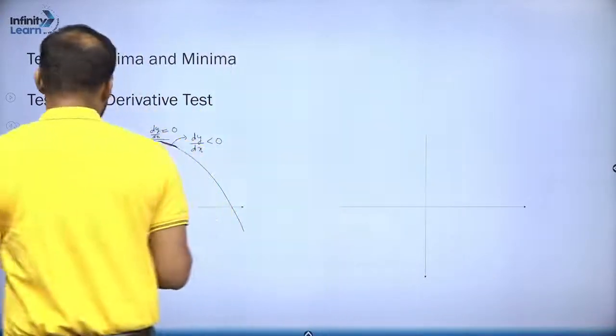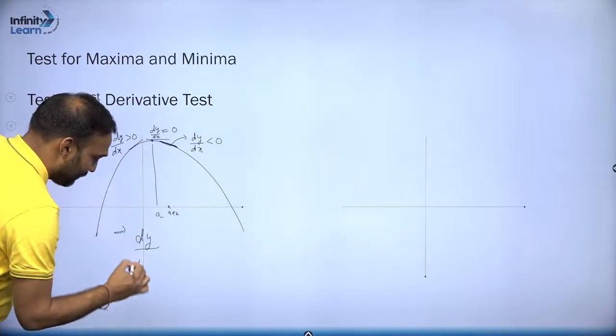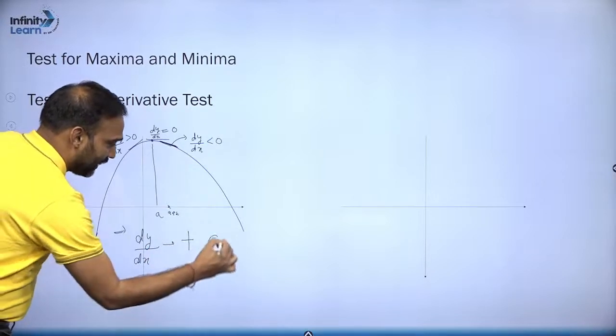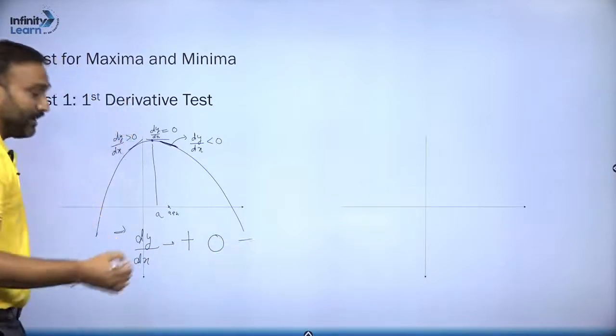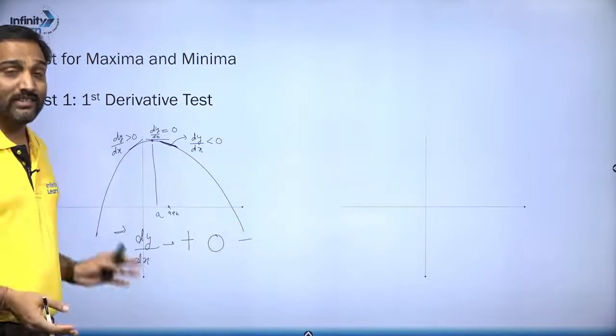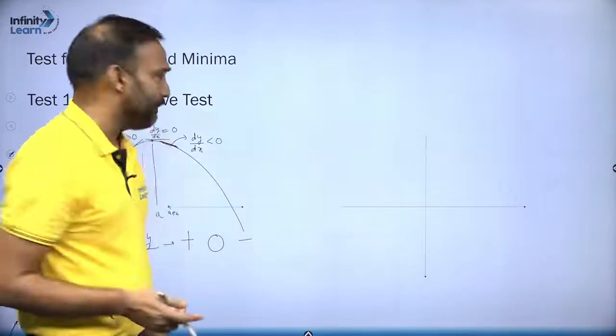So let me write it over here. The dy by dx sign, if there is a local maxima, would be positive, then it becomes 0, then it becomes negative. If dy by dx changes sign from positive to negative, we can always say there is a local maxima over here.